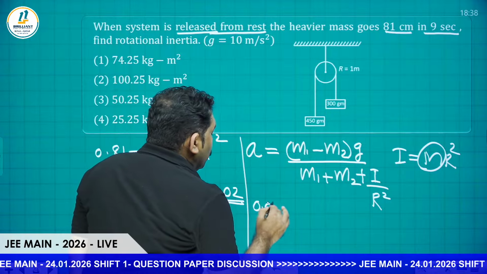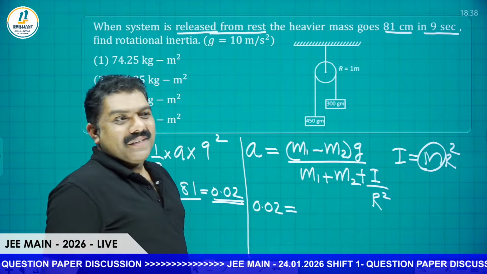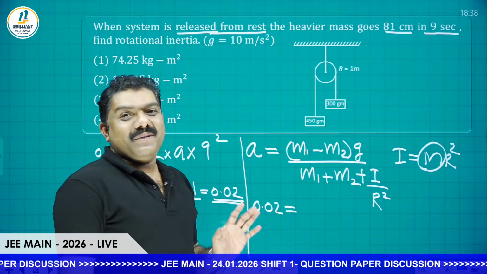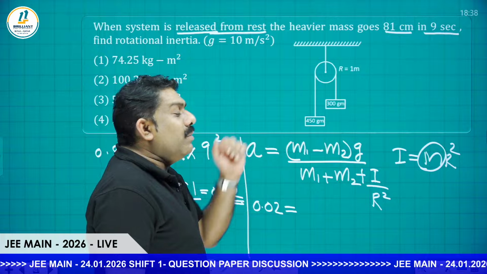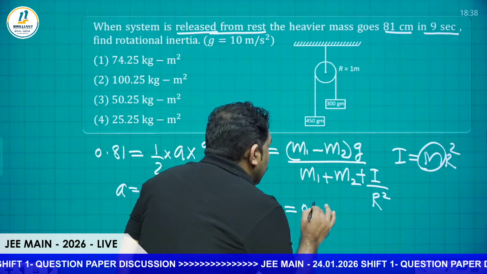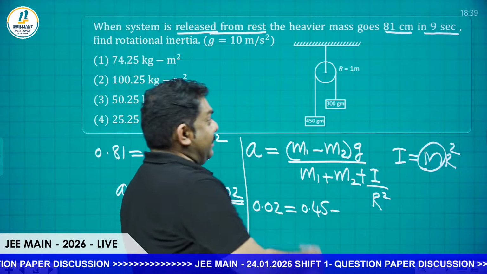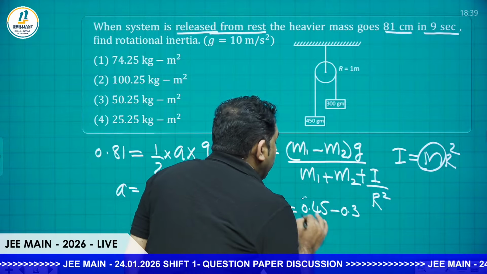So I can substitute that acceleration there. 0.02 is equal to m1 minus m2, where the masses are given, but in gram. I want to convert into kilogram. So 450 gram means 0.45 kilogram, minus 300 gram, which is 0.3.